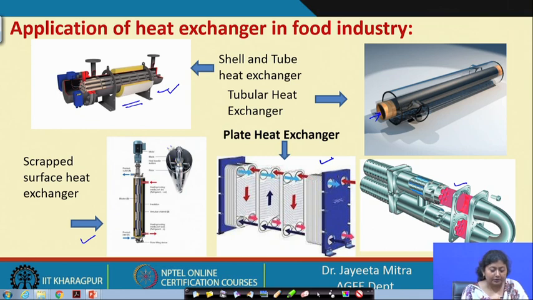That will offer scale deposition and resistance to heat flow, and material which sticks to the wall will eventually be burnt. So that is why the scraped surface heat exchanger is used in those cases.